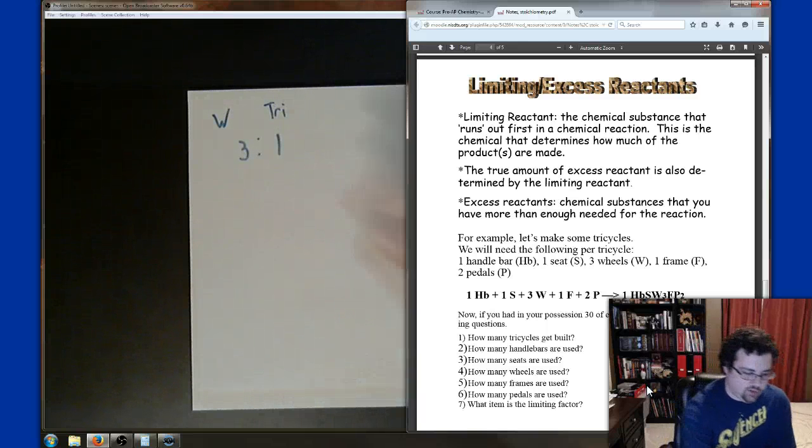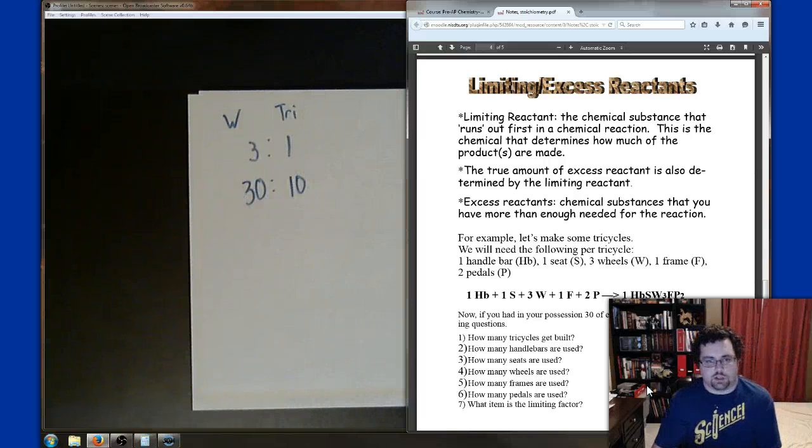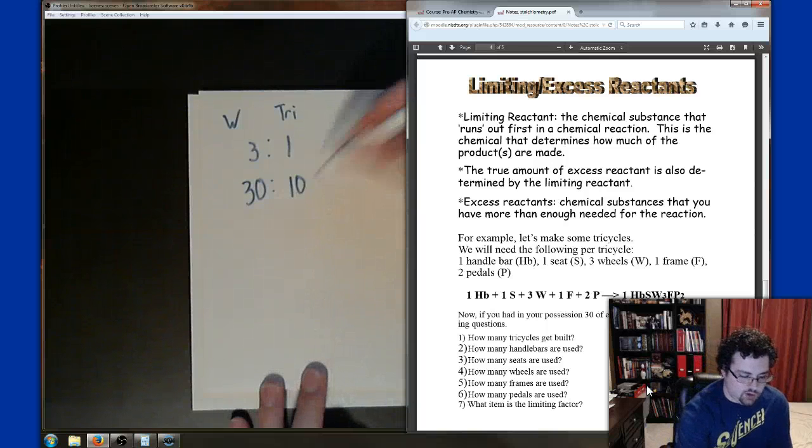Then if I have 30 wheels, I can only make 10 tricycles, keeping the same ratio. So how many tricycles are going to get built? Well, obviously we can only make 10 tricycles.